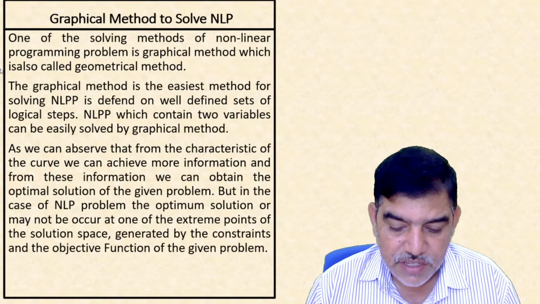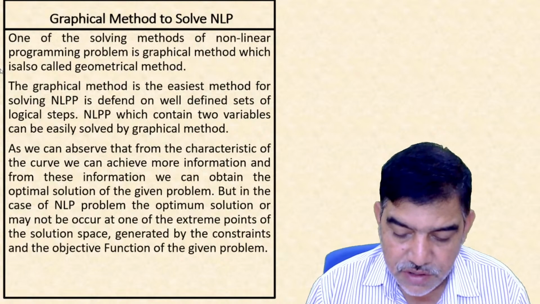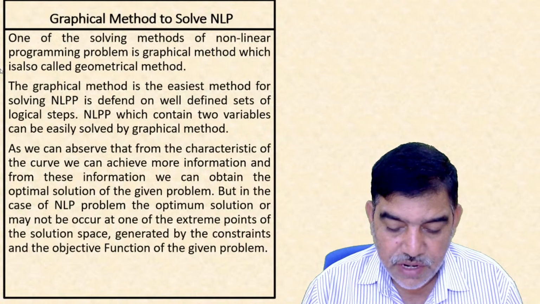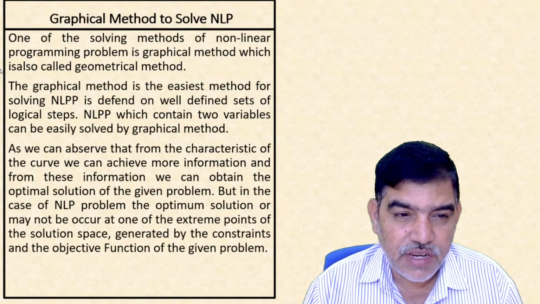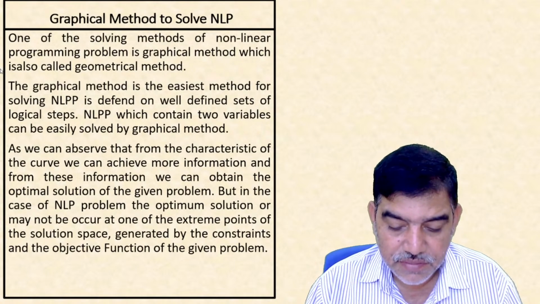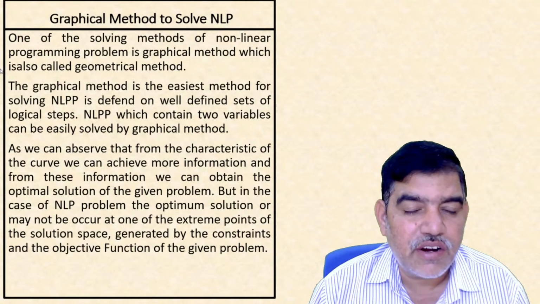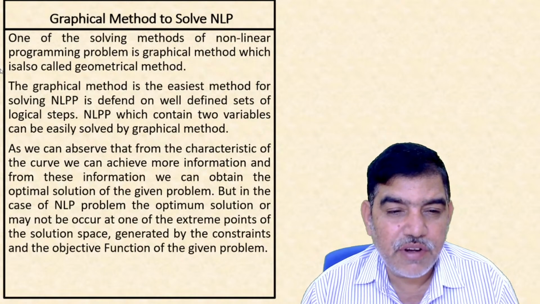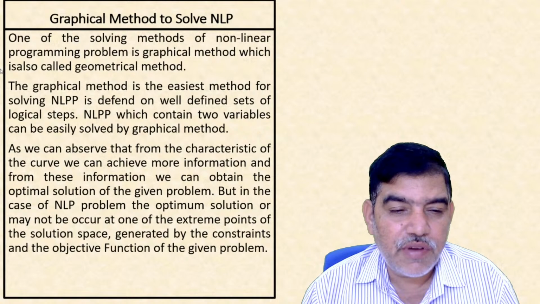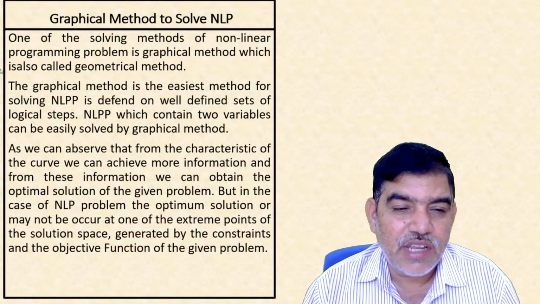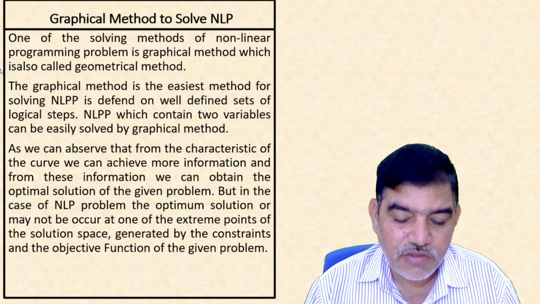Then the characteristics of convex and concave functions by partial derivatives. If the function is f of x1, x2, up to xn, we have to calculate the second order partial derivatives. First, if you differentiate a function with respect to x, that is d of f of x divided by dx. If you differentiate again with respect to x, that is d square f of x divided by d of x square.